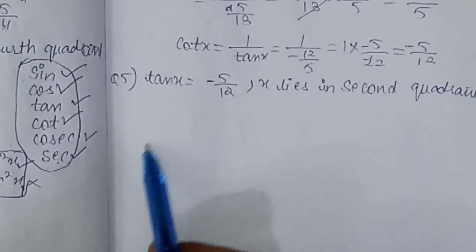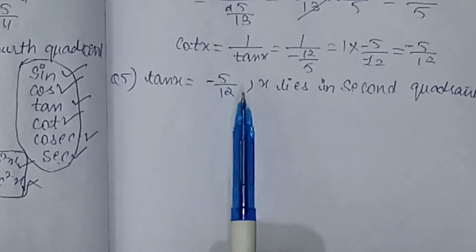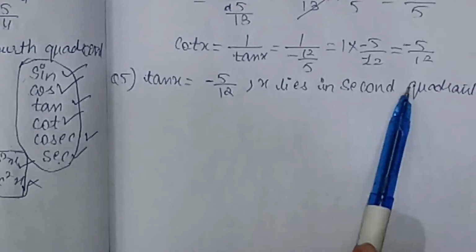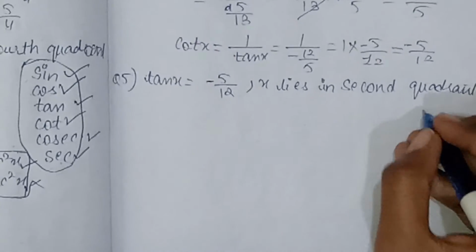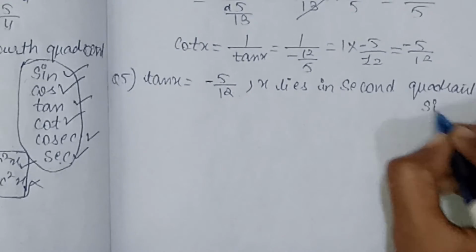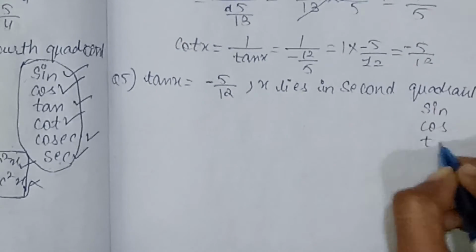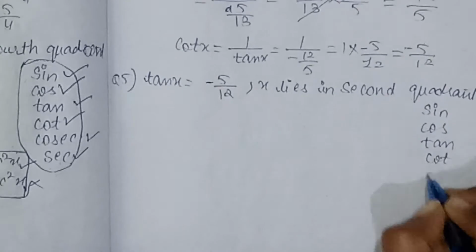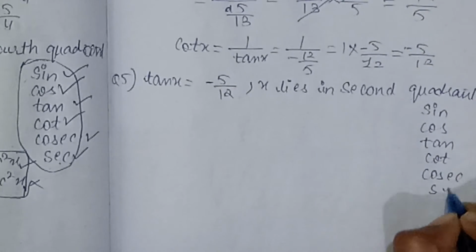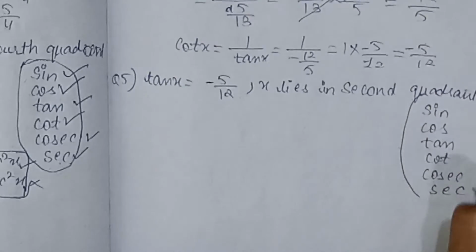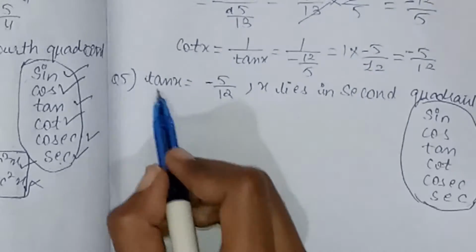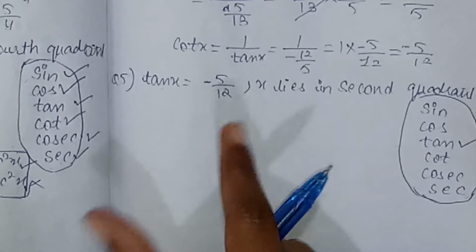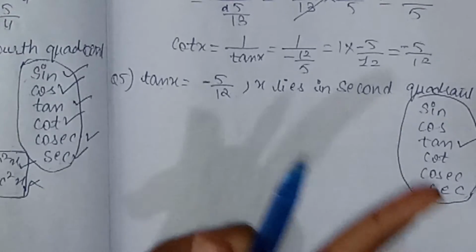So the next question is that tan x is equal to minus 5 by 12 and x lies in the second quadrant. How can we find the rest? First, we write the trigonometric functions: sine, cos, tan, cot, cosecant, secant. They have given the value of tan, so if we know tan, we can find cot, which is the reciprocal of tan.